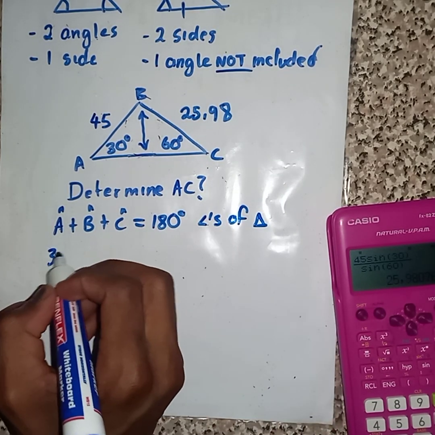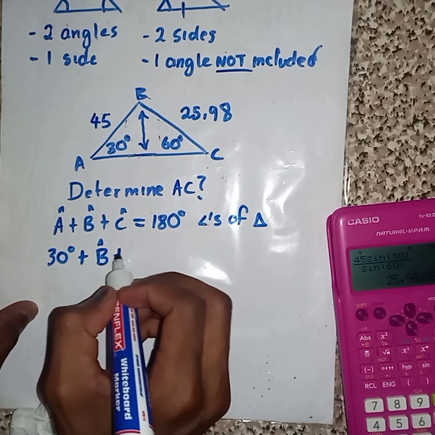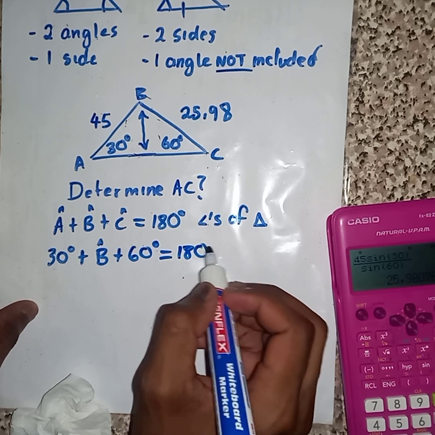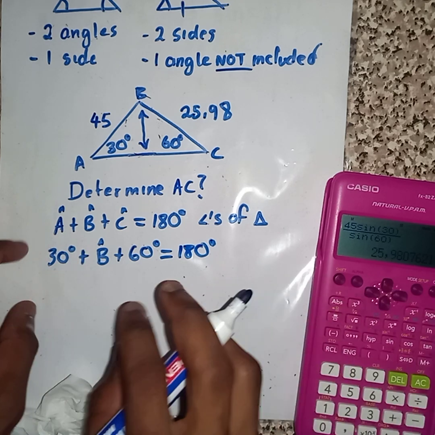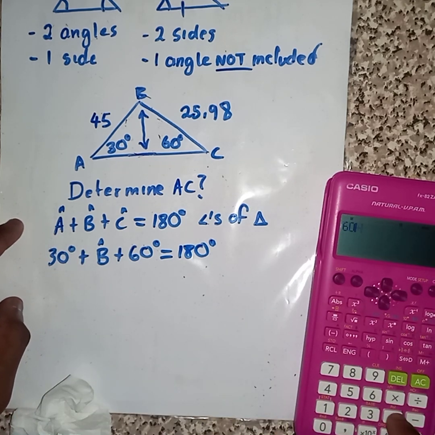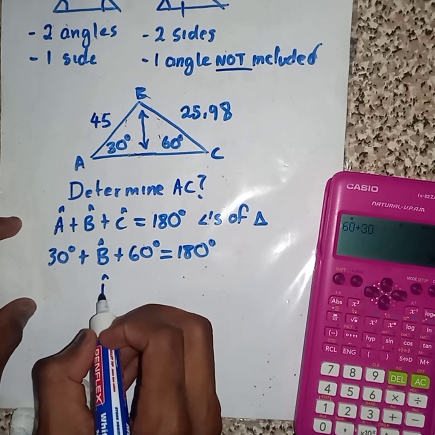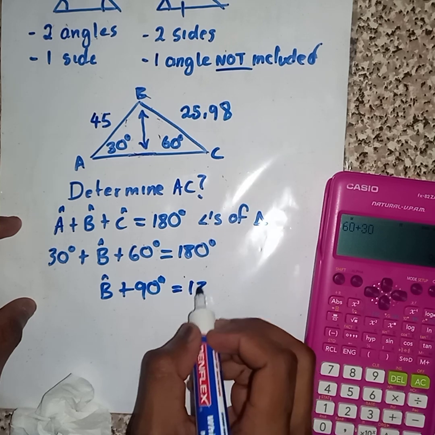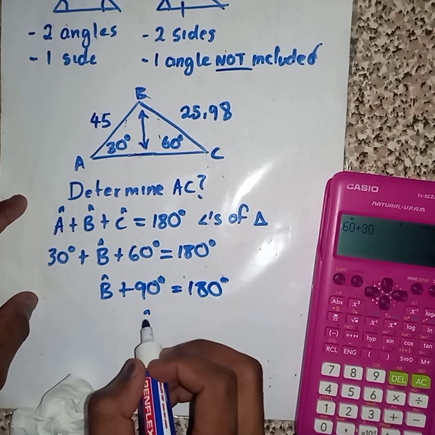Then our A is 30 degrees. B, we don't have B. C is 60 degrees. It equals 180. Then we are going to get 90, so B plus 90 degrees equals 180 degrees. Let us take 90 to the other side.